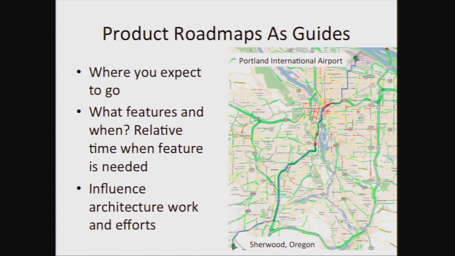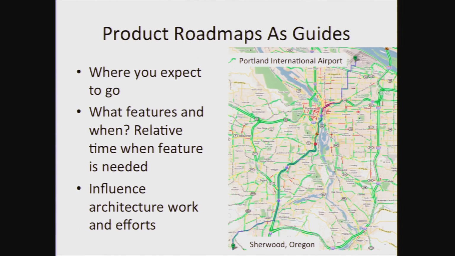Now, if I have such a thing that's been laid out as an architect, I'm going to use the roadmap to determine what kind of architectural work and infrastructure work is going to need to support that feature development, right? I live in Sherwood and I'm trying to go to the Portland airport, as you can see, there are two major paths to the airport, one going this way and one going this way.